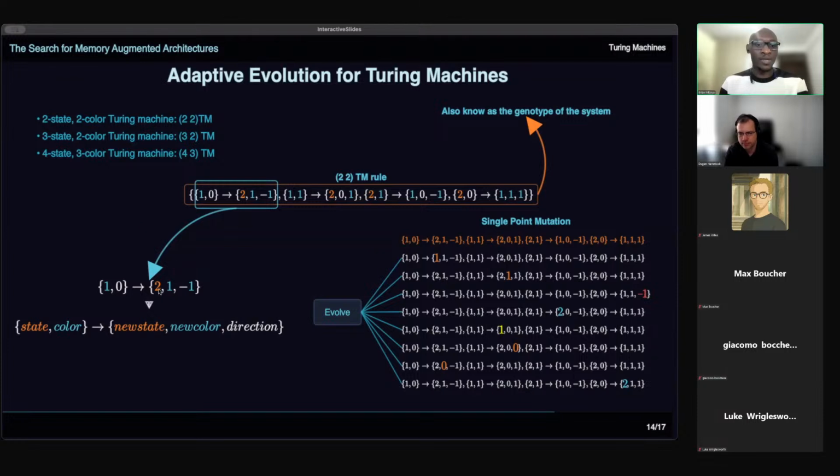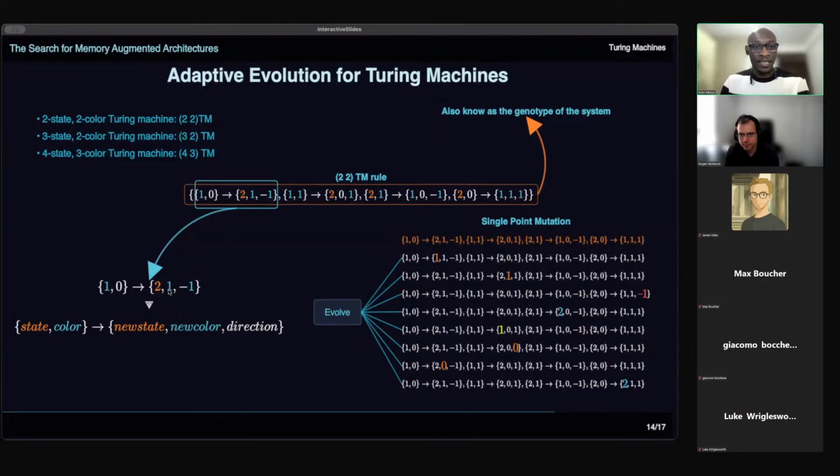The idea is to keep changing the right hand side of the rules, based on the number of states. If it's two state, then you just change between one and two. The same for three state and the rest.